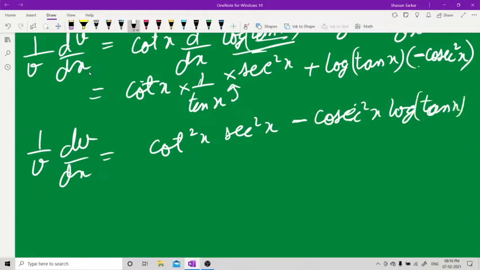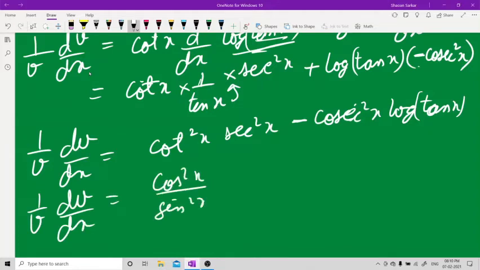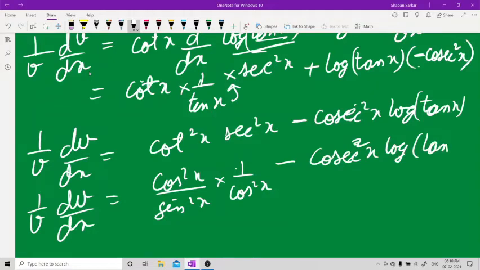Now you see one thing. Here 1 upon v dv dx. Now cot square x is cos square x upon sin square x into sec square x, so it becomes cosec square x, minus cosec square x log tan x.